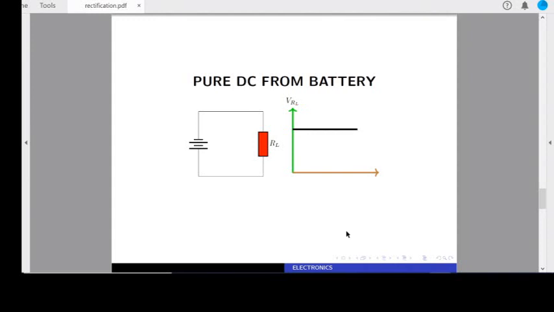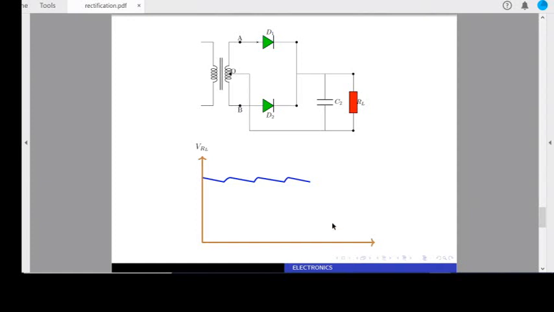To achieve this, we are going to use a capacitor. So we have our capacitor C2, and this capacitor is connected in parallel with the load where the DC is going to be produced. When the capacitor is connected to the load, we produce our DC in this form.